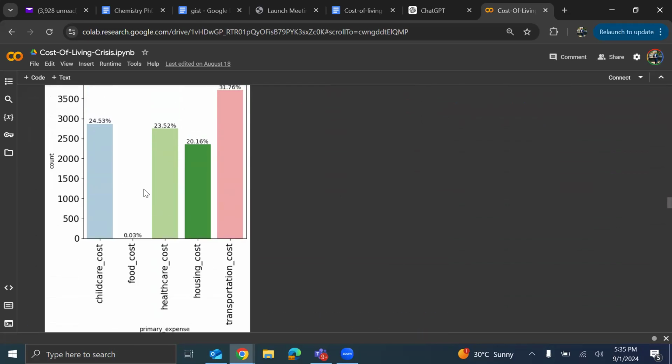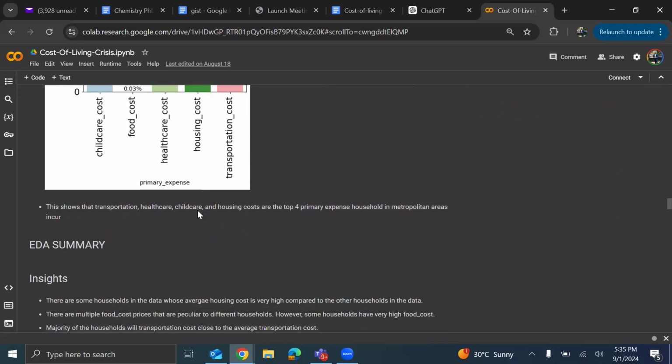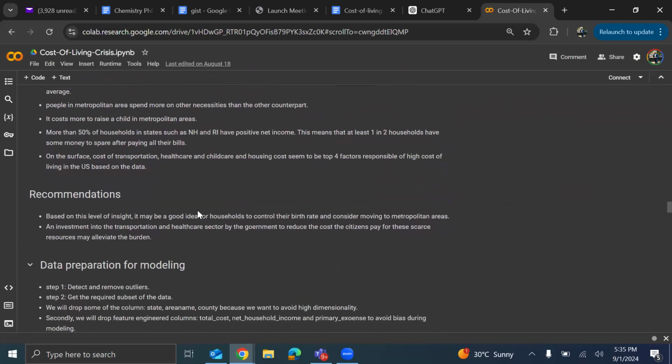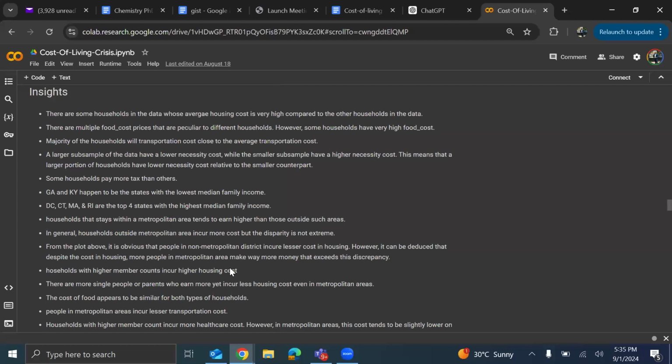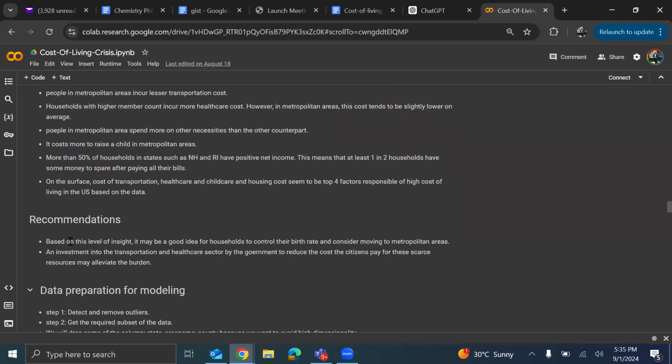It tells you that in metropolitan areas, the cost of living is quite high. So I did an intensive summary of all my insights, and then I just wrote 2 recommendations, because recommendations should not be too much.